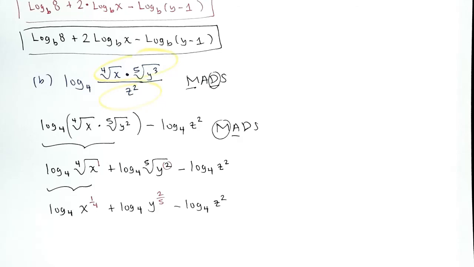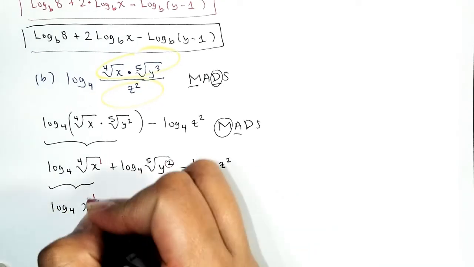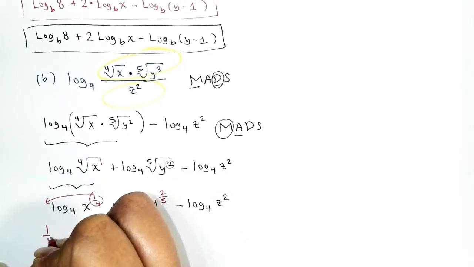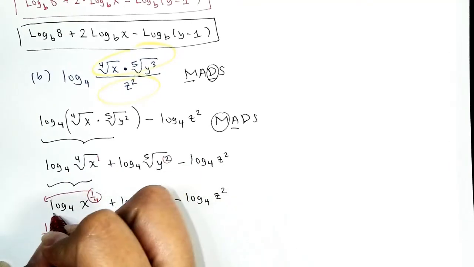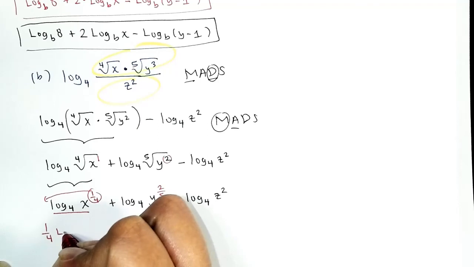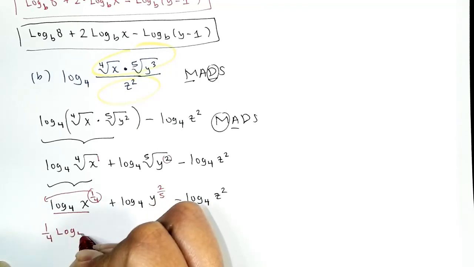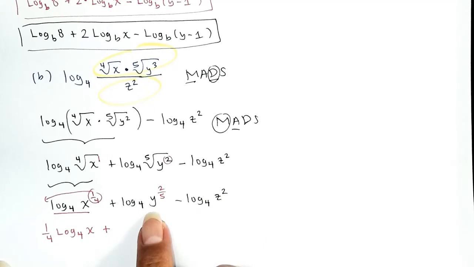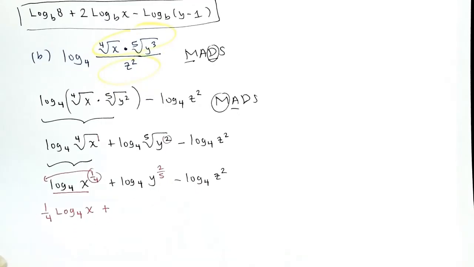So let's use the power rule for logarithms to tone down the argument. For the first term, we're going to bring down the exponent and then multiply it by the leftover logarithm. So that will leave us with 1/4 times log base 4 of x plus another argument that has a power. So let's use the power rule again.